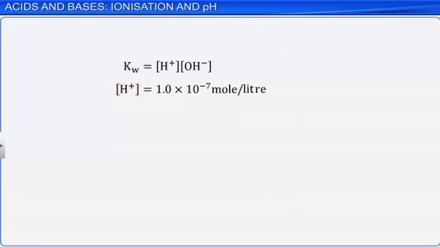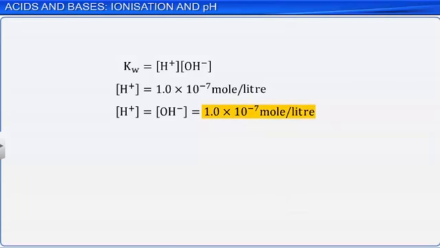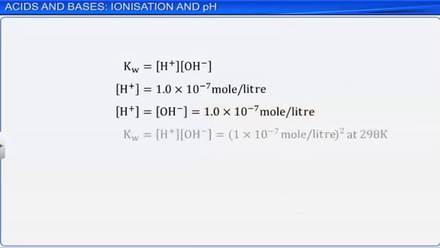Experimentally, the concentration of H+ ions at a temperature of 298 Kelvin was found to be 1.0 multiplied by 10 to the power of minus 7 moles per liter. The dissociation of water produces equal number of H+ and OH- ions, and hence the concentration of OH- would also be equal to 1.0 multiplied by 10 to the power of minus 7 moles per liter.